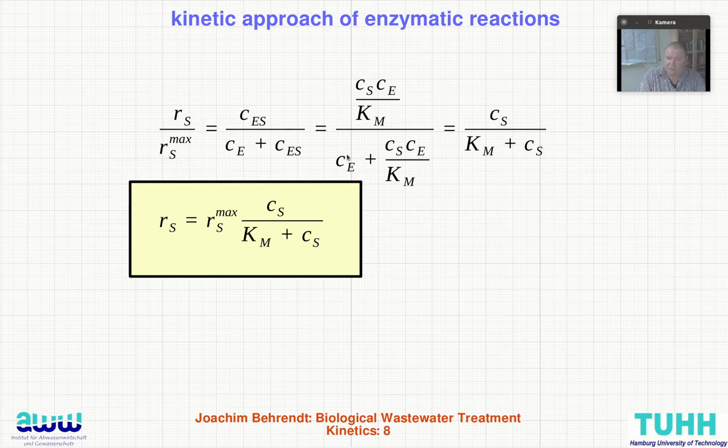And there we see we can eliminate the concentration of the free enzyme, multiplying by Km, and this is resulting in this so-called Michaelis-Menten kinetics, where the uptake rate could reach a maximum uptake rate, where the concentration of the substrate is a lot higher than this coefficient Km.